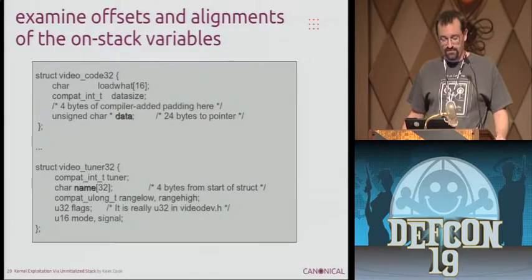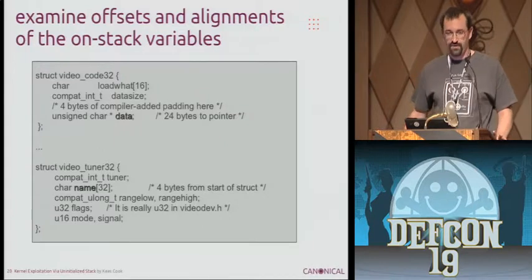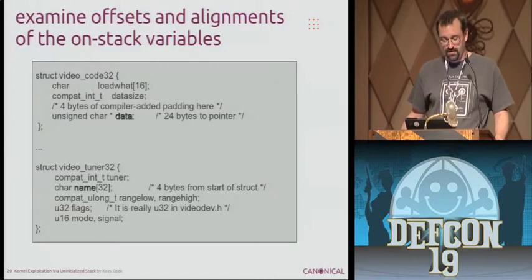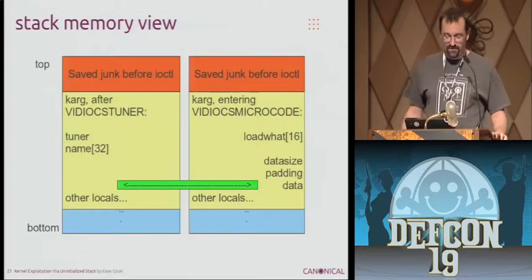Our target here is the video code 32. We want data. We want to be able to control data. So we have to figure out where it is in relation to the other structure in the union. And it was relatively straightforward because in video tuner, there was this large name string. Looking at it more graphically, there's all the crap before the I/O control on the stack.